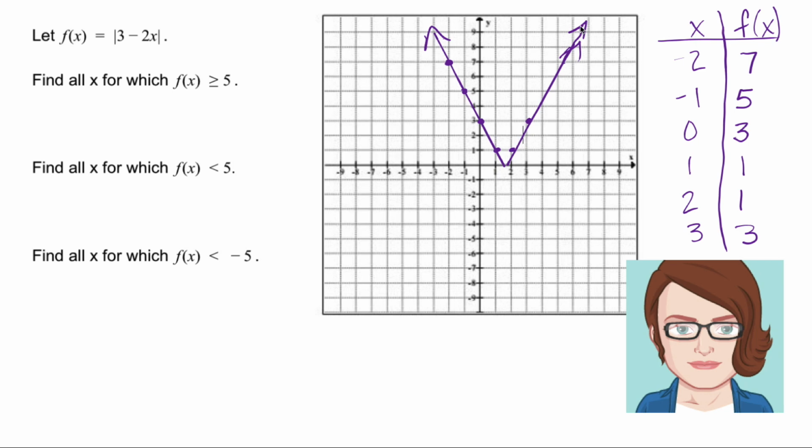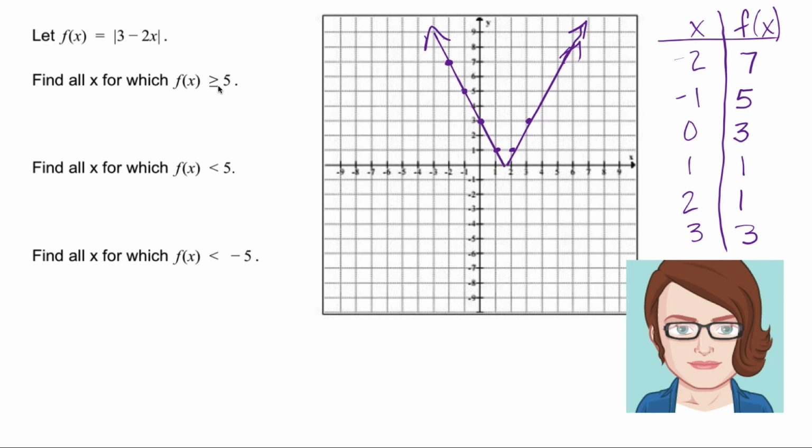Now that we have that graphed, we can ask ourselves the 3 questions here. We're asked to find all the x's for which the function is greater than or equal to 5. So this purple graph is our function, and we want to know when that is greater than or equal to 5.